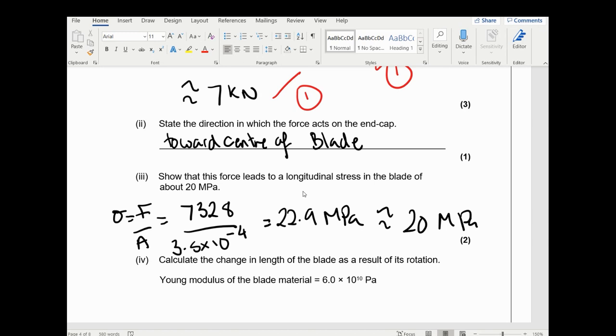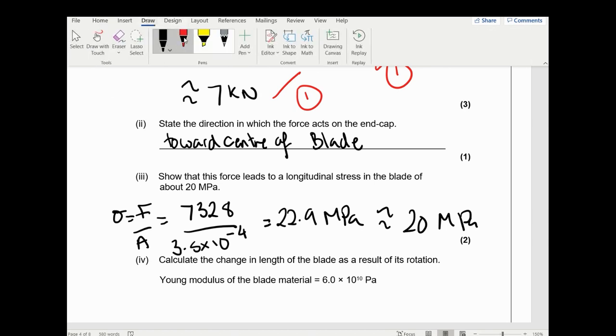For 2 marks on this one, you get 1 mark for this and 1 mark for showing the answer.